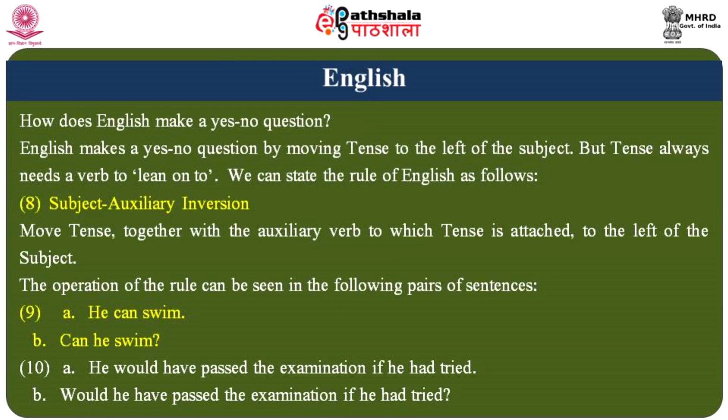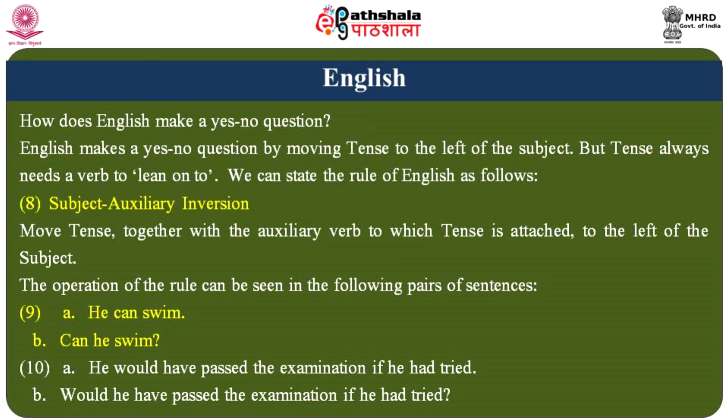How does English make a yes-no question then? It does so by moving tense to the left of the subject. But tense always needs a verb to lean on too. You learned in module 5 that the tense attaches itself to the first verb to its right.